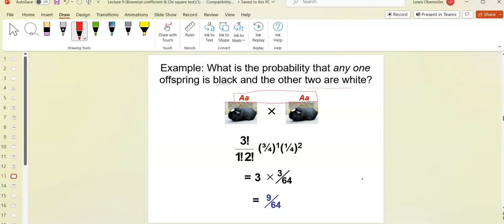Okay, so let's do another one. I started off talking about the kids, right? And so we know that it's n factorial divided by k factorial, right? Remember, that's whatever the outcome is. And then we have n minus k factorial.